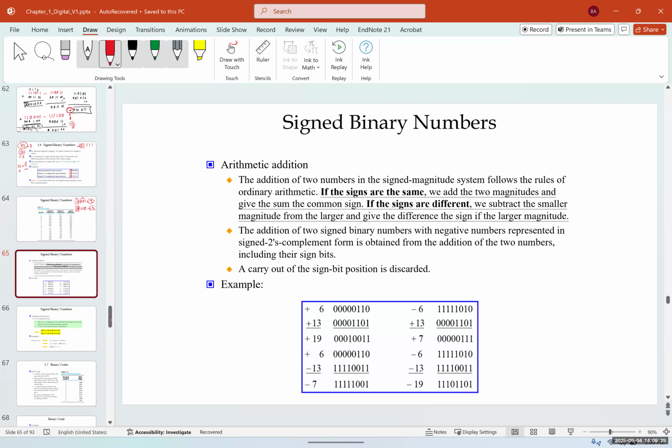If we want to do -6 minus 4, both of them are negative, so we add them. It's going to be 10, and we assign the common sign. If the signs are different, we subtract the smaller magnitude from the larger and give the difference the sign of the larger magnitude.